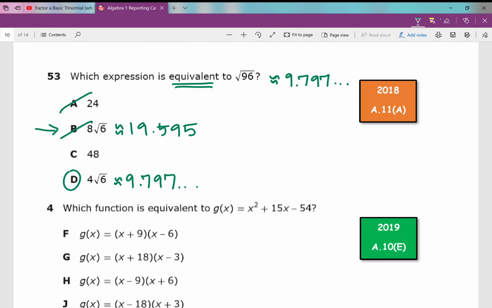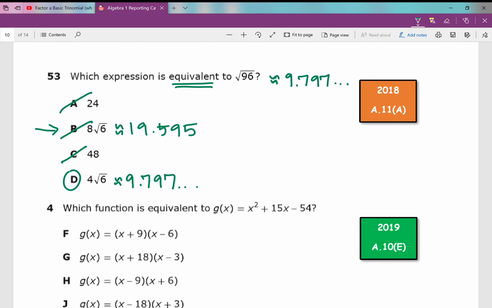Obviously it's not 24. Obviously it's not 48. What you have to really be careful about in these situations is sometimes they'll give you an answer choice that's equivalent, but it won't be the most simplified version. So if they ask you to simplify this square root or this non-perfect square, it can just get a little tricky.